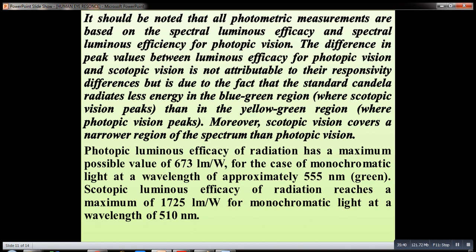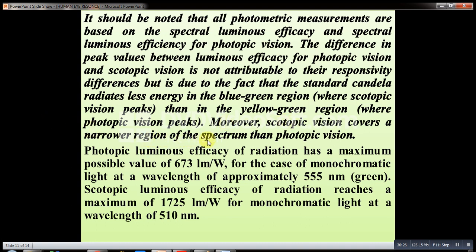The difference in peak value between luminous efficacy for photopic and scotopic vision is not attributed to their responsivity difference, but is due to the fact that the standard candela radiates less energy in the blue-green region where scotopic vision peaks than in the yellow-green region where photopic vision peaks. Moreover, scotopic vision covers a narrower region of the spectrum than photopic vision.